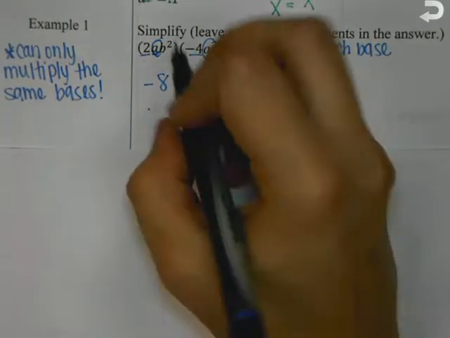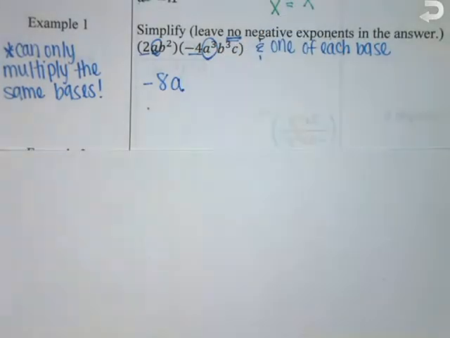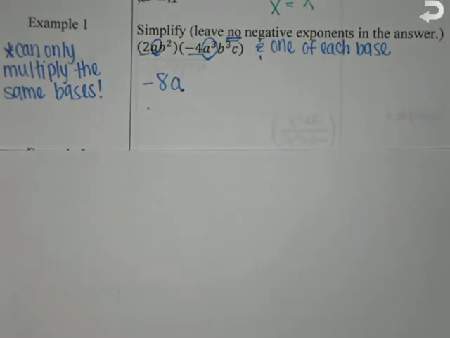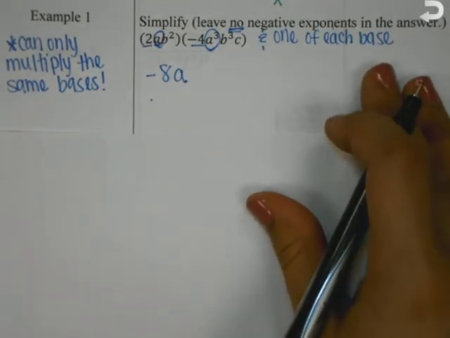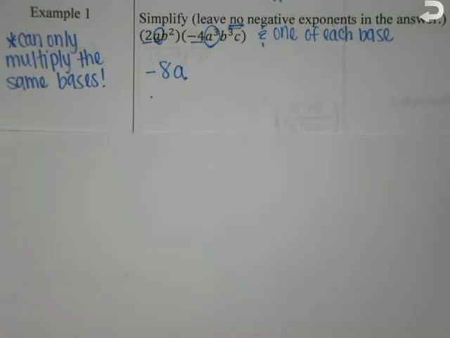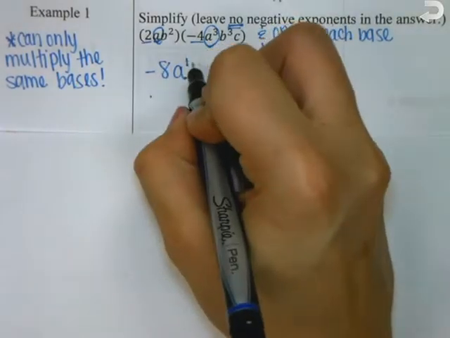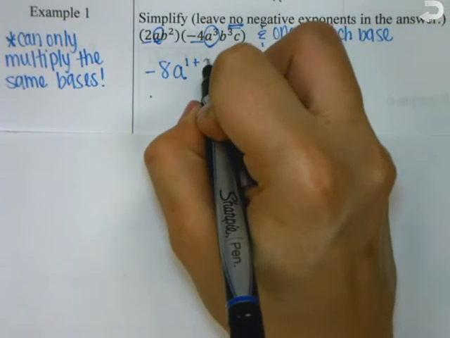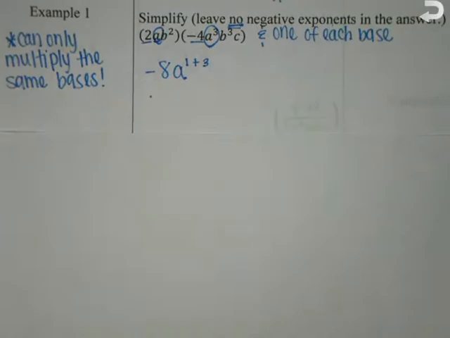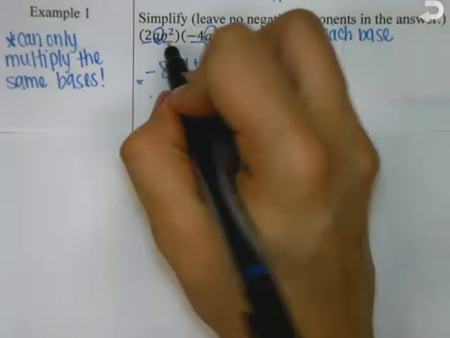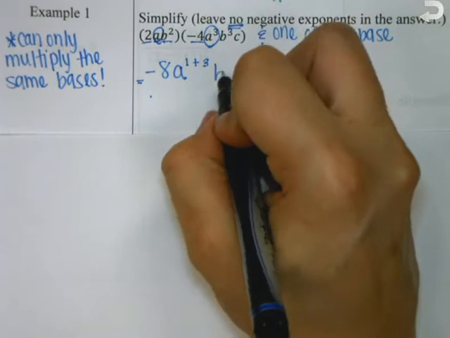And if I'm multiplying those powers, what happens to the exponents? What do your notes say? They add them. So this a has an exponent of 1, and we're going to add it to the other exponent of 3. Same thing with the b's. We have b to the 2nd power plus the other b was to the 3rd power.